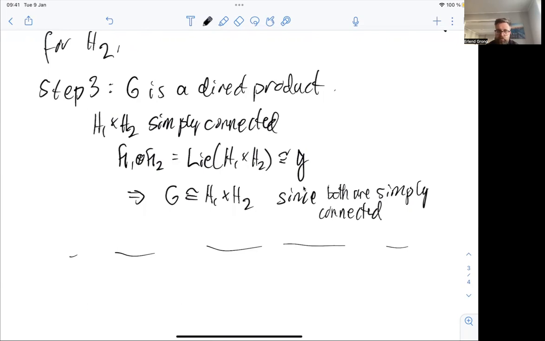If you look at the notes, you can see how you explicitly construct this isomorphism. Okay, that's all we need to do for this proof, so that completes it.